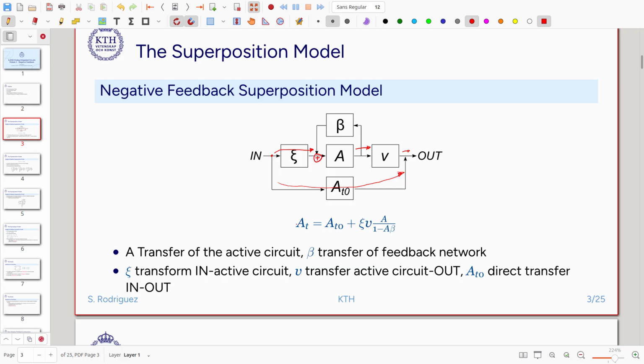And when we calculate the total transfer function, we call it the transfer function AT from the input to the output. That will be out divided by in. We have that the AT0, the direct transfer or the feed forward path, comes directly.